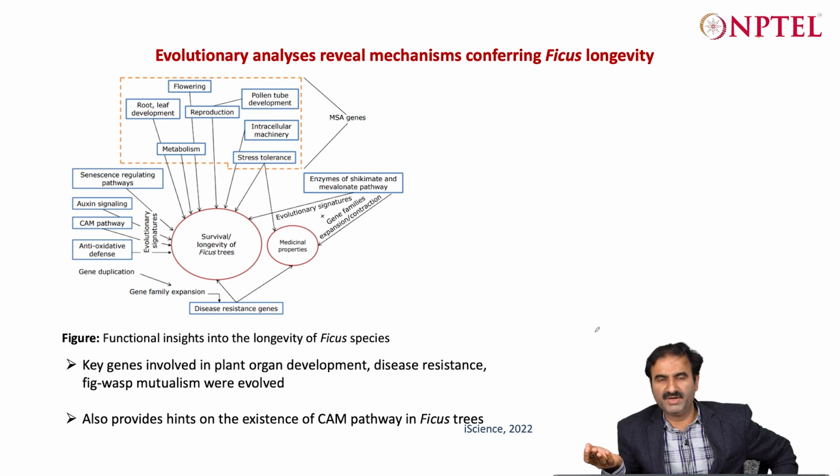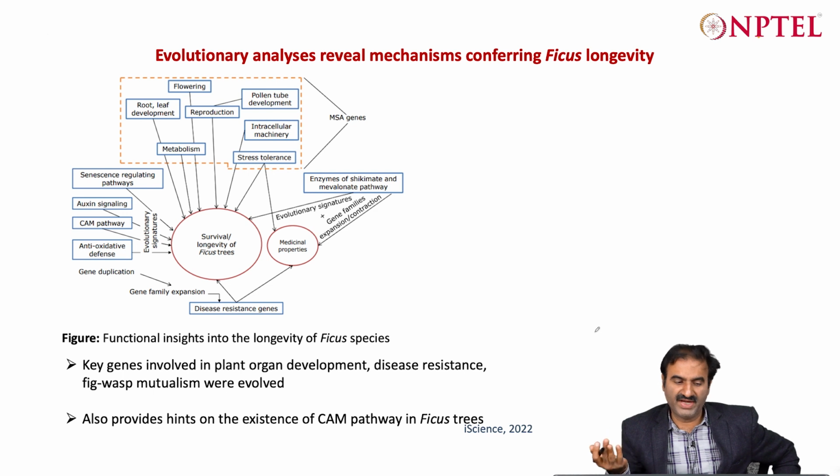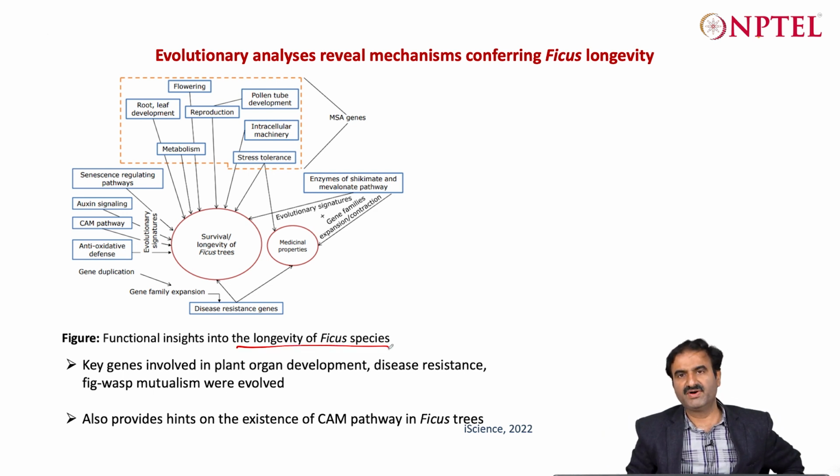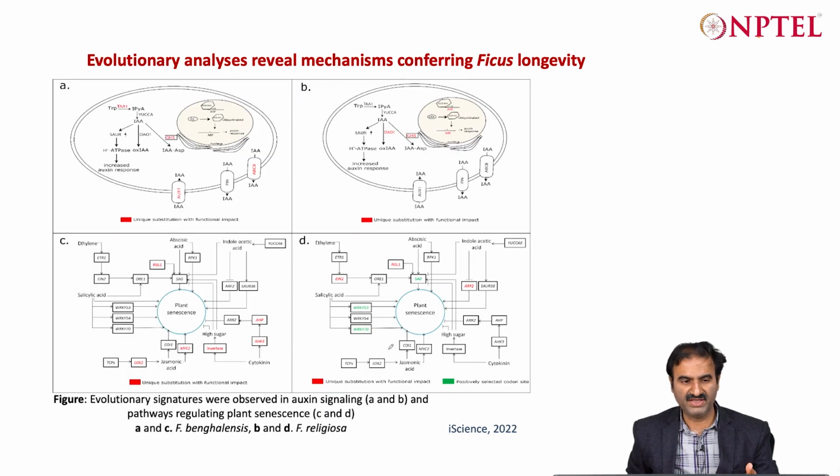Similarly for the peepal tree also. So longevity genes, or identification of signatures of longevity, could be one of the objectives, and the genes that were responsible for longevity in these genomes could be found by various evolution analyses.